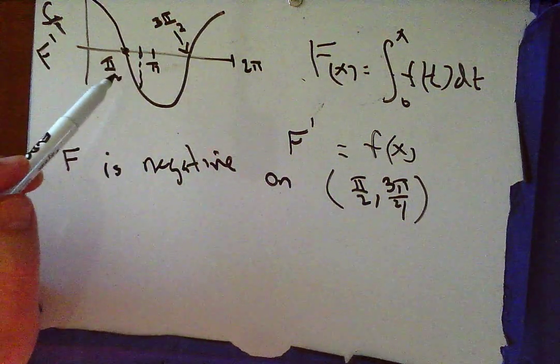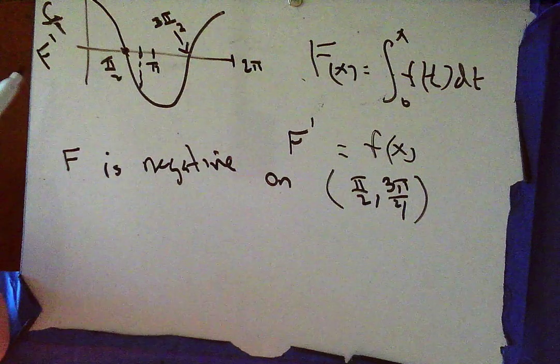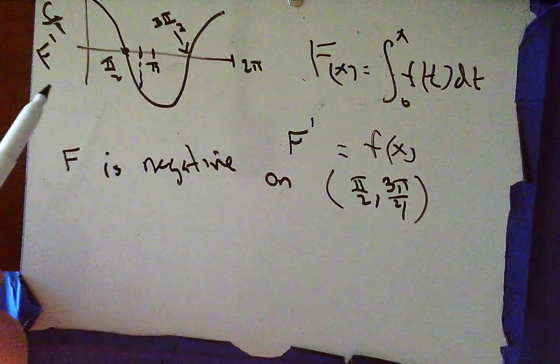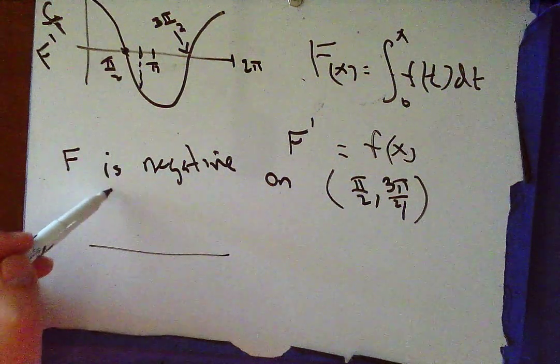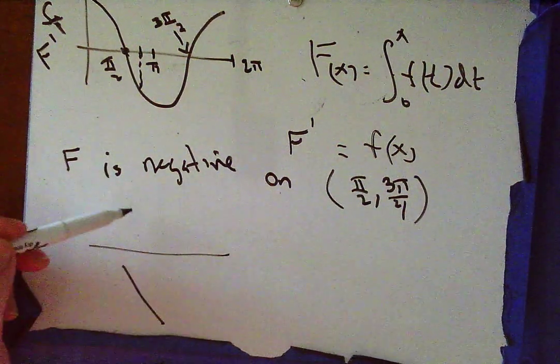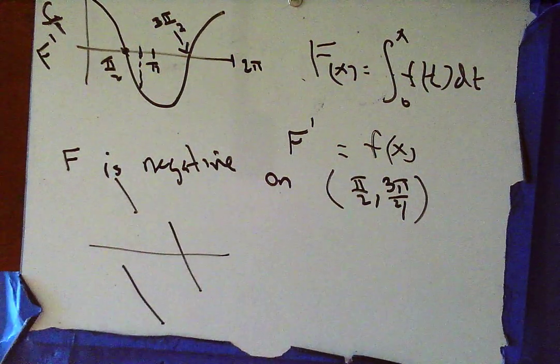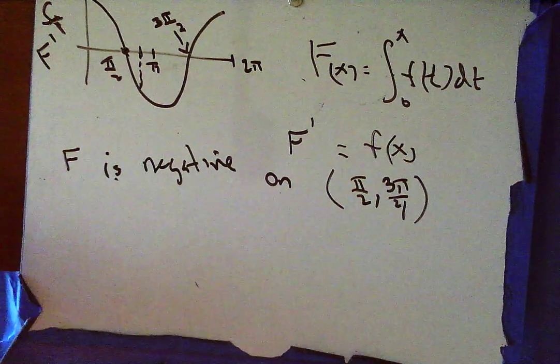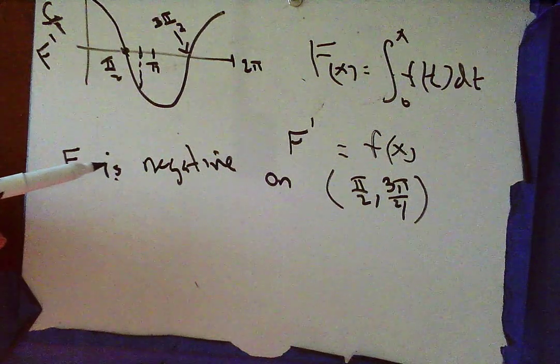And that tells me that big F is decreasing on that whole interval. But just because I'm decreasing, it doesn't mean I'm decreasing down here. I could be decreasing here. I could be decreasing this way. So I don't know quite yet. I do need to gather some more information.